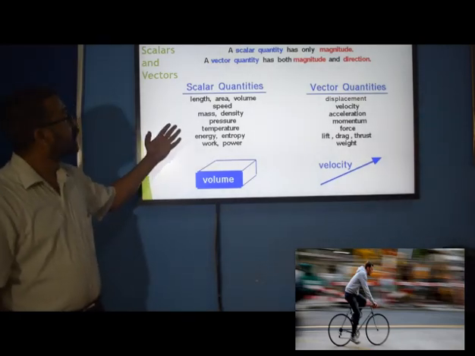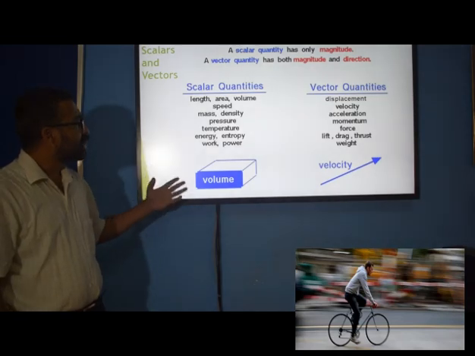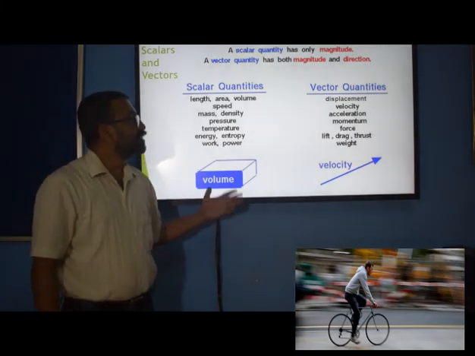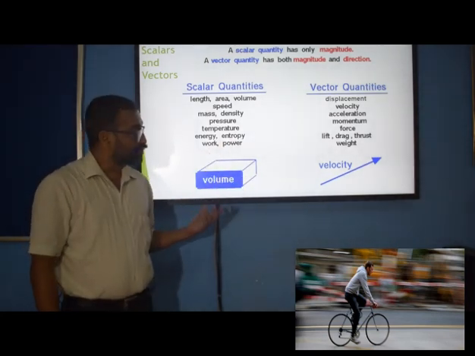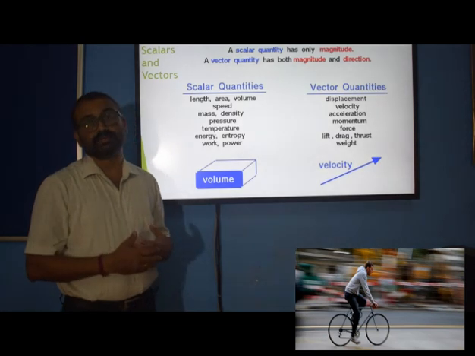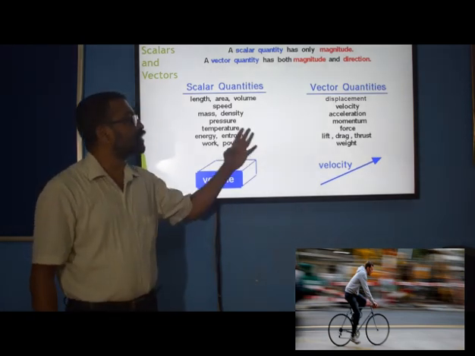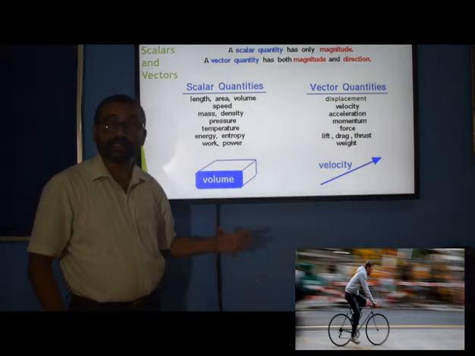See, a lot of examples are there for scalar quantities as well as vector quantities. Length, area, volume, speed, mass, density, pressure, all these are examples of scalar quantities. Whereas vector quantities include displacement, which we have just discussed. Displacement is the shortest path in a specified direction, so it is a vector quantity. Vector quantities are specified with an arrow, and the arrowhead indicates the direction.